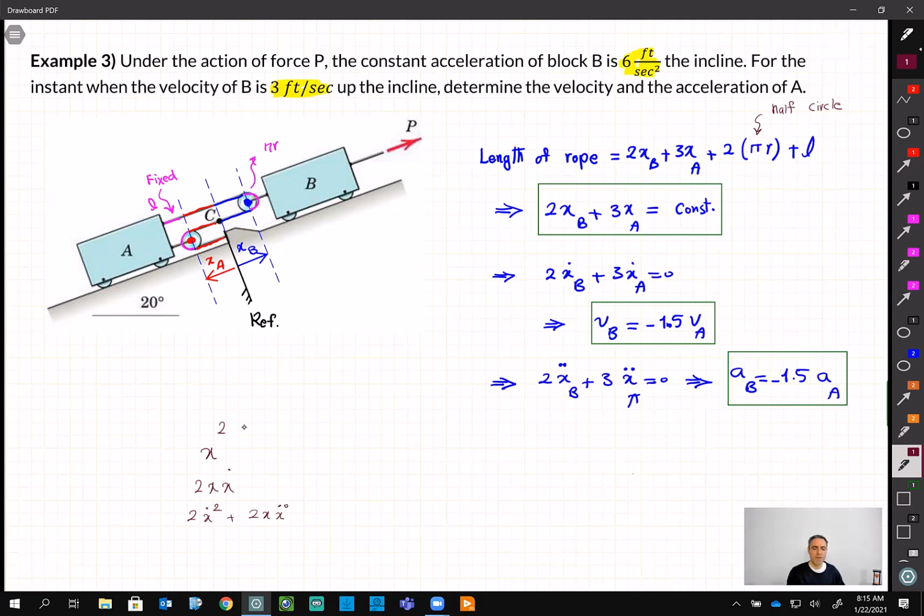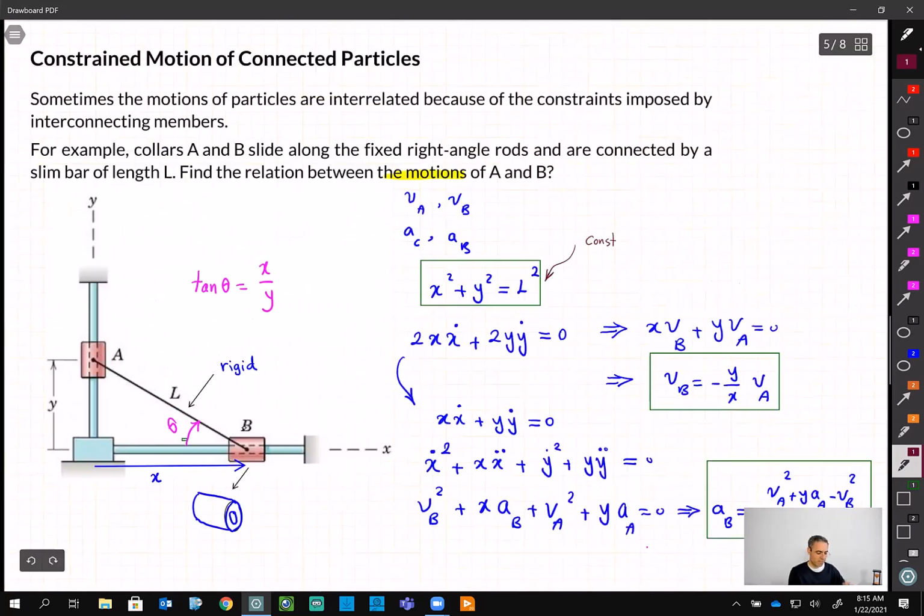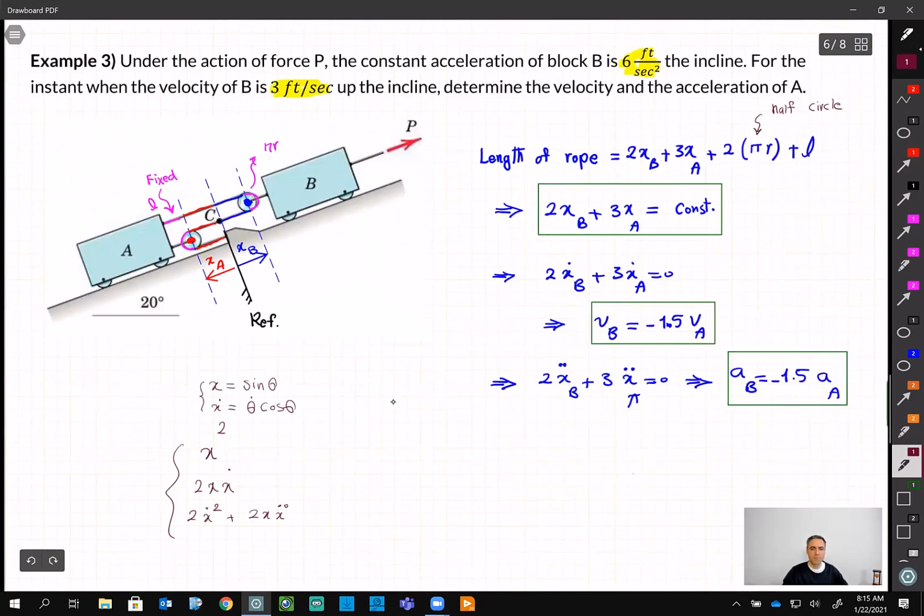Okay. And similarly, when x is equal to sine theta, you take the derivative, x dot is going to be theta dot cosine theta. This is something that we had here, right? You saw here, when we take the derivative, it was a little bit more complicated. I'm just going to check the chat again. Okay, good.